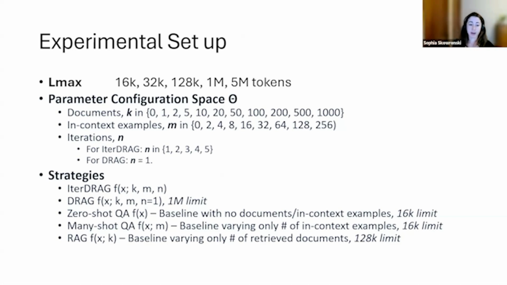They pointed out that not all of these strategies can actually scale to the maximum context length. Zero-shot Q&A is limited because you can't add context to it, whether that's documents or examples, so all these other variables are set to 0.